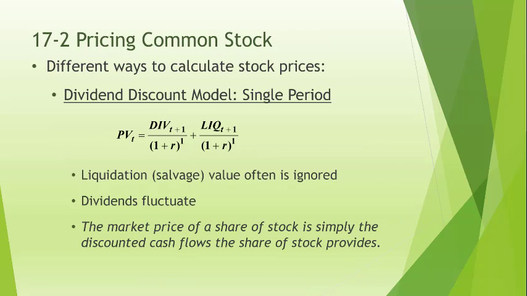So how do we price common stock? Well, there are a couple of different ways of doing it. The first way is the one that people kind of talk about most, and that is the dividend discount model. So a dividend, by the way, not all stocks pay dividends, but a dividend is a share of the profits that are paid out.